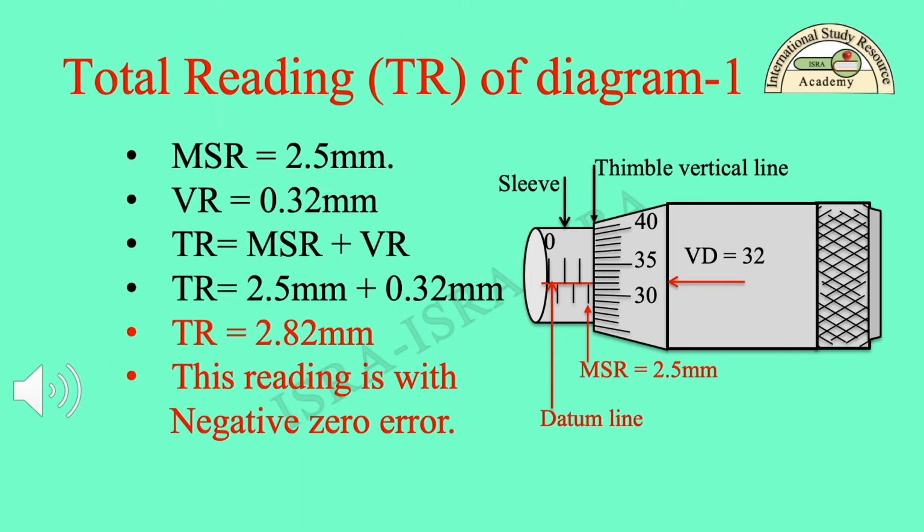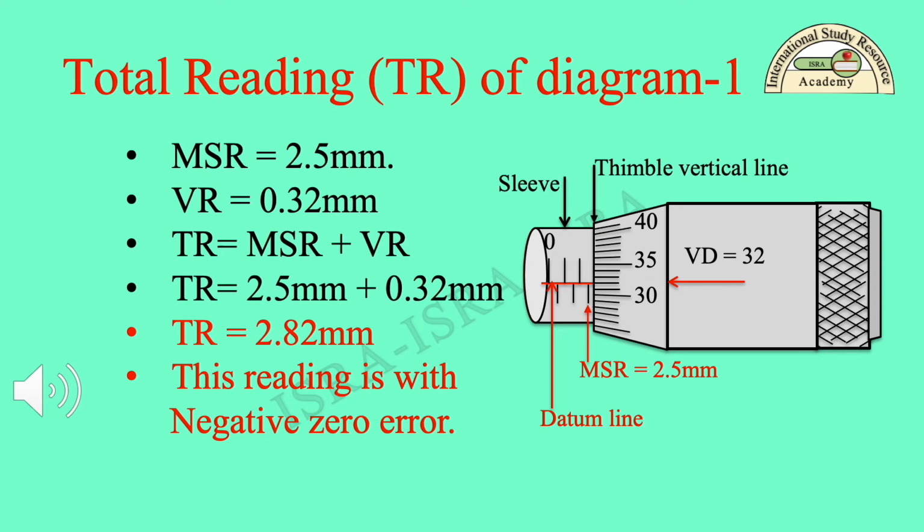Total reading TR of diagram 1. Main scale reading MSR is equal to 2.5 mm as shown in the diagram. Vernier reading VR calculated is equal to 0.32 mm. Total reading TR is equal to MSR plus VR. Substituting the values, total reading TR is equal to 2.5 mm plus 0.32 mm. Total reading TR is equal to 2.82 mm.